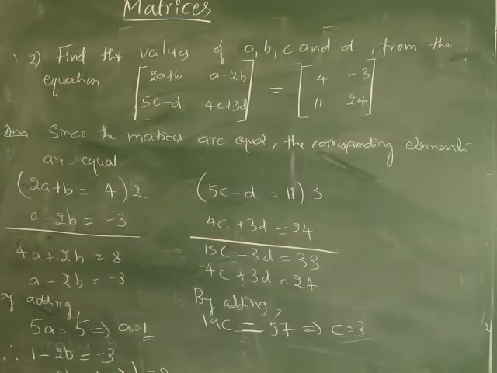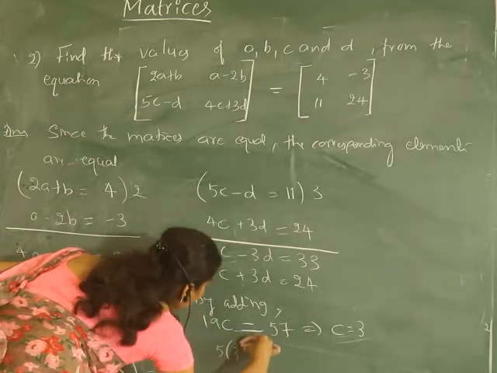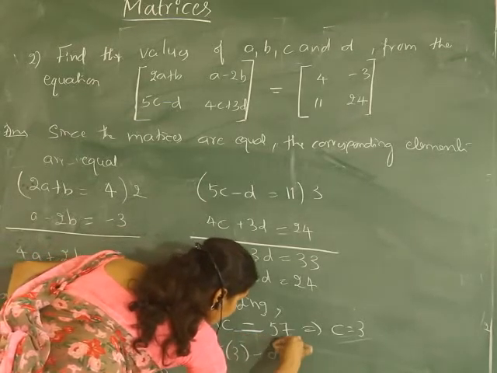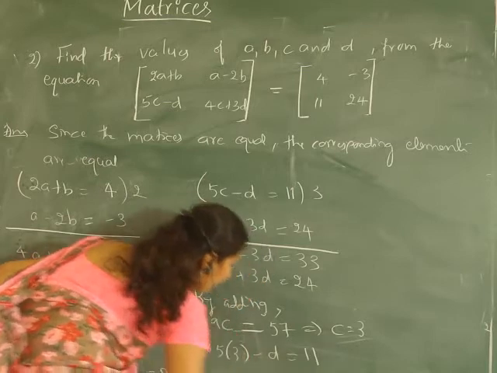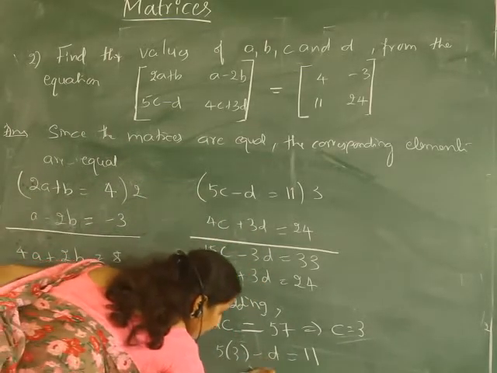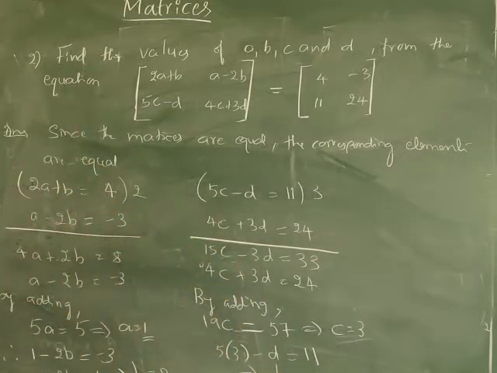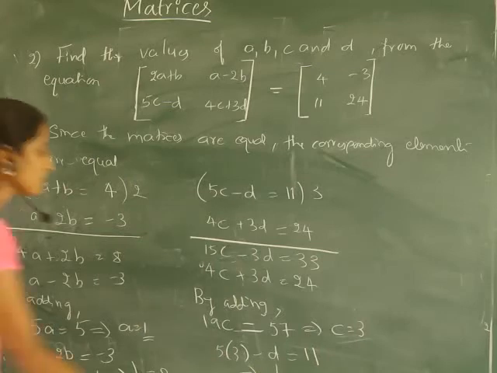Then when C is equal to 3, 5 into 3 minus D is equal to 11. So D can be obtained: 15 minus 11. 15 minus 11 is 4.